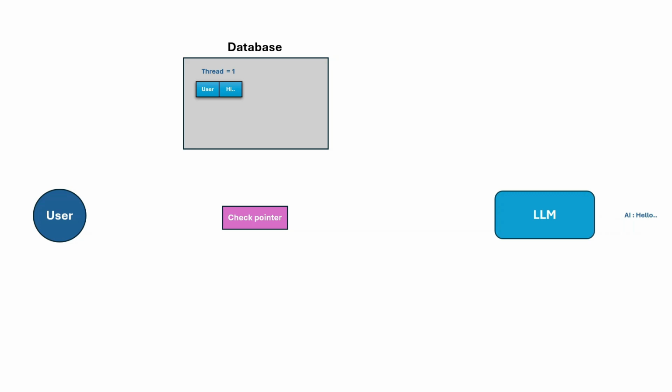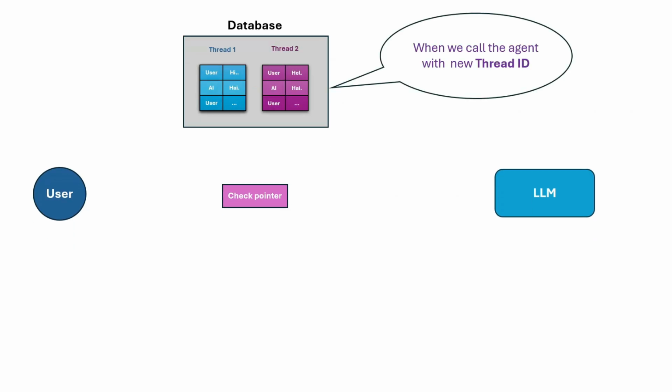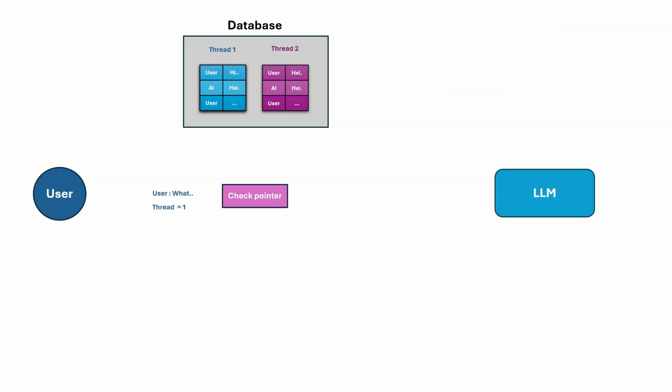After the agent generates a response, the checkpointer stores that response under the same thread ID. So when we use a new thread ID, a new conversation starts. But when we use an existing thread ID, the checkpointer retrieves the previous conversation, appends the user's latest question to the end of the chat history and passes that complete conversation to the agent. This is how the checkpointer manages memory.